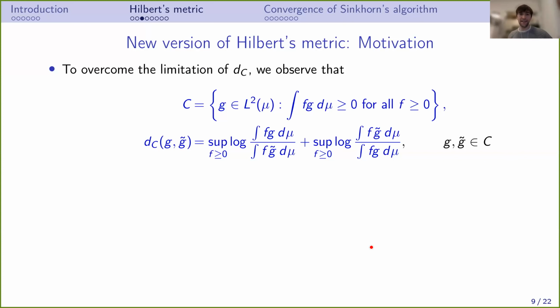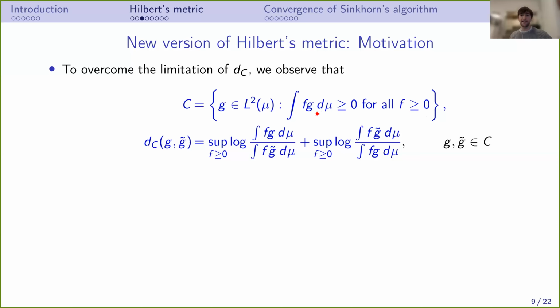So the main idea to achieve this is the following. We first observe a trivial reformulation of this cone of all non-negative functions. We emphasize that this cone of all non-negative functions can equivalently be written as the set of all functions g, such that this integral f times g d mu is non-negative for all non-negative test functions.